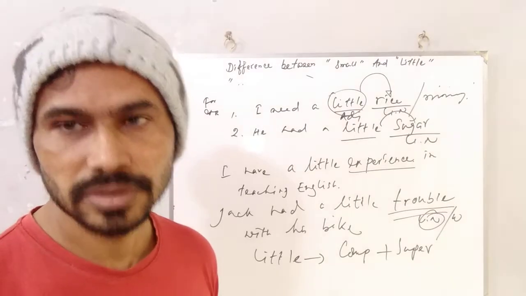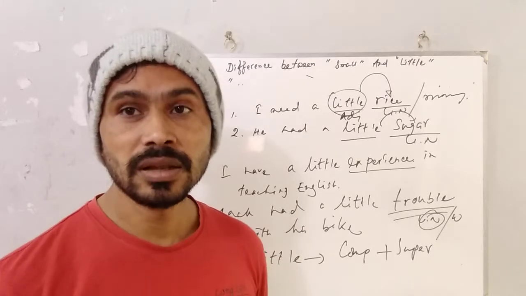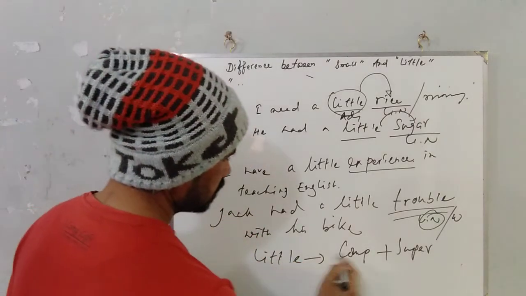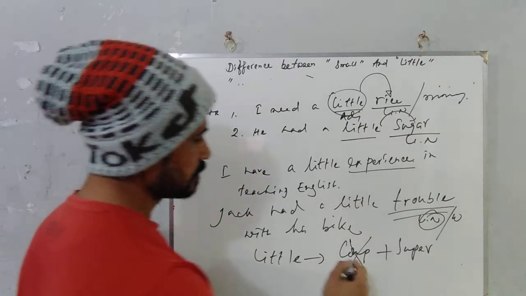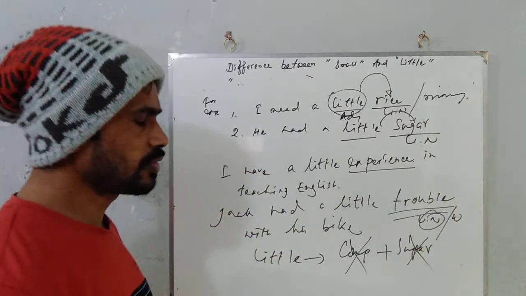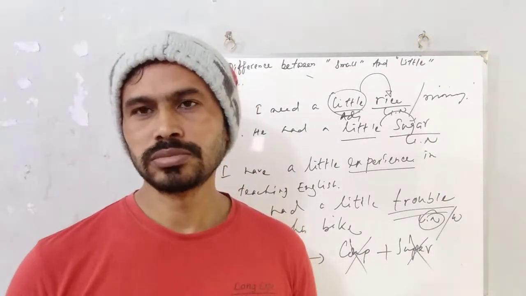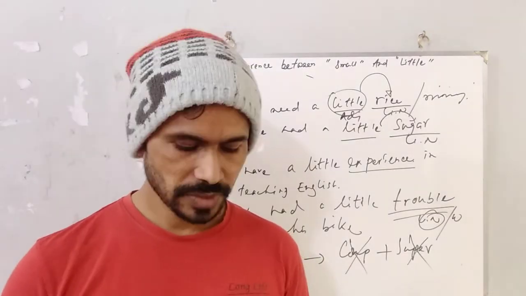Little is the British pronunciation and little is the American pronunciation. Actually there are no forms of little for comparative and superlative. That's why I'm telling you there are no comparative or superlative forms of little.